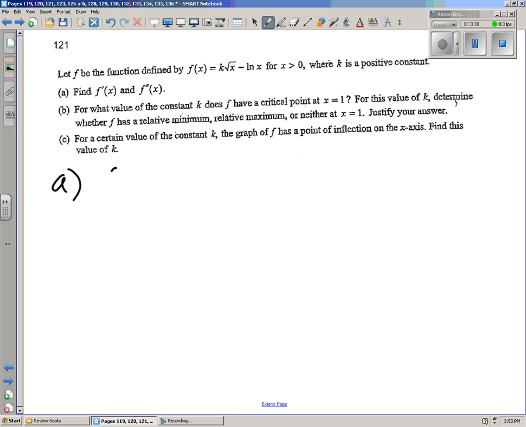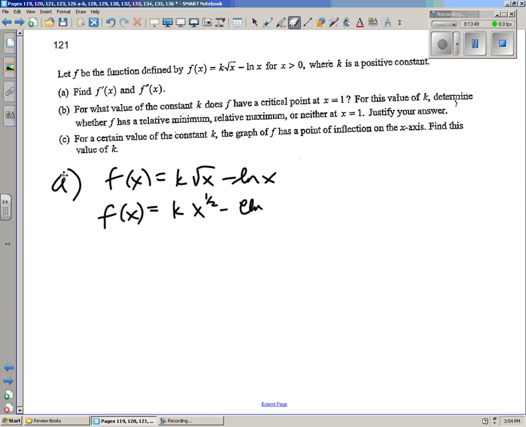So f of x is k radical x minus ln of x. Writing this a little better to take its derivative: kx to the 1/2 minus ln of x. Its derivative would be 1/2 kx to the -1/2 minus 1 over x.